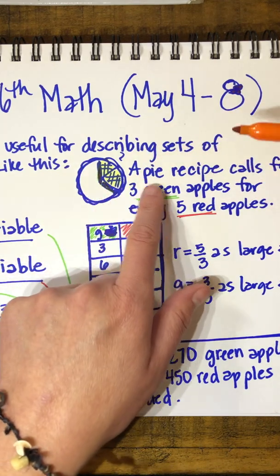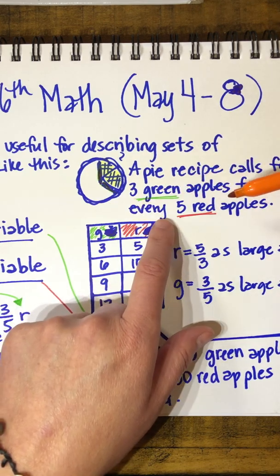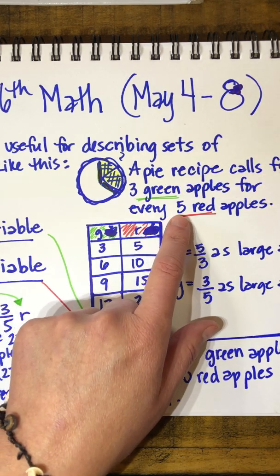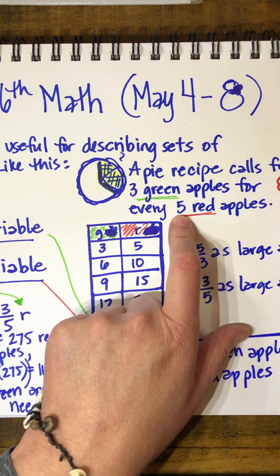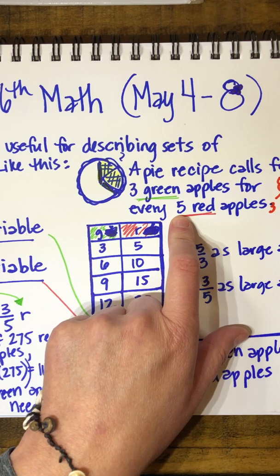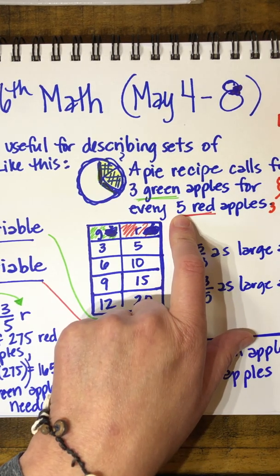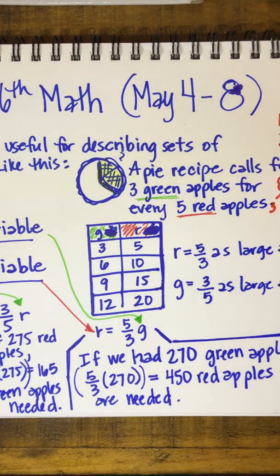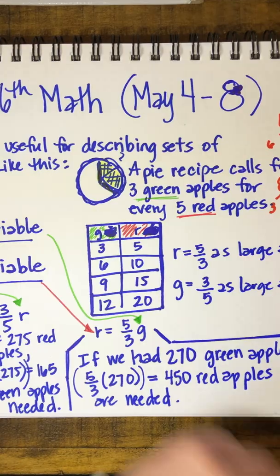So we'll say that a pie recipe, this would be an apple pie recipe, calls for 3 green apples for every 5 red apples. So remember what that means. That means that for every 8 apples, 3 of them would be green and 5 of them would be red. So if we had 16 apples, we would need 6 of those to be green and 10 of those to be red, right?